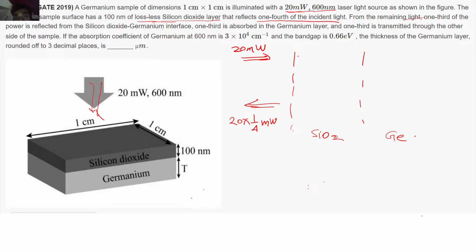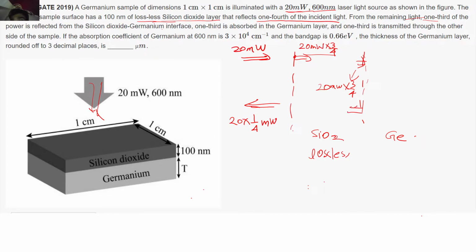So the effective power that I actually have over here is 20 milliwatts into 3 by 4. And since this is lossless, it will pass this power as it is, right? So the moment I reach over here, I still have 20 milliwatts into 3 by 4. But again, there is some non-ideality. From the remaining light, 1/3 of the power is reflected from the silicon dioxide and germanium interface itself, right?